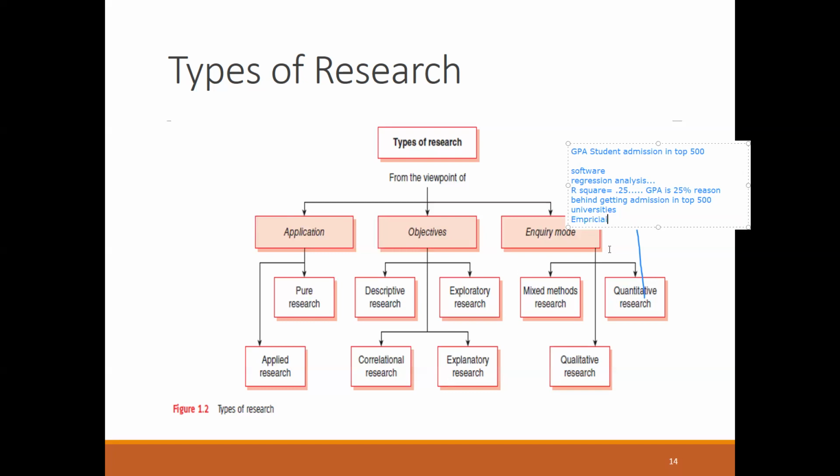In qualitative research, it will be quite different. For example, a qualitative research question could be like this: why some WKU students get admission into top 500 universities and others cannot.